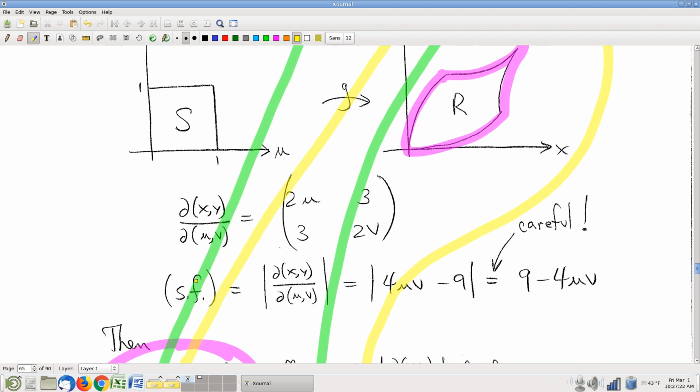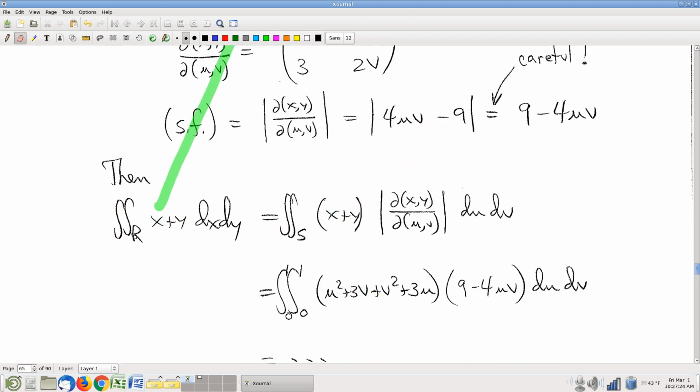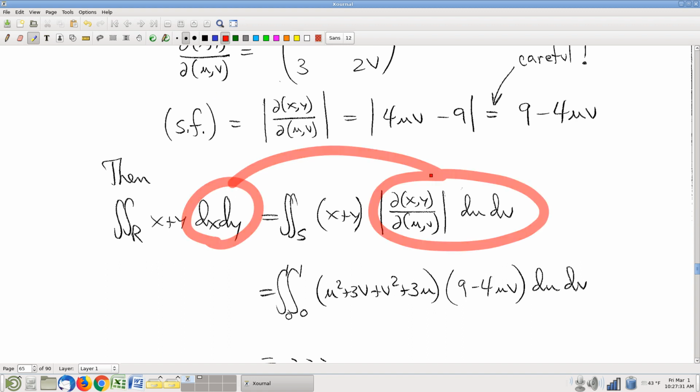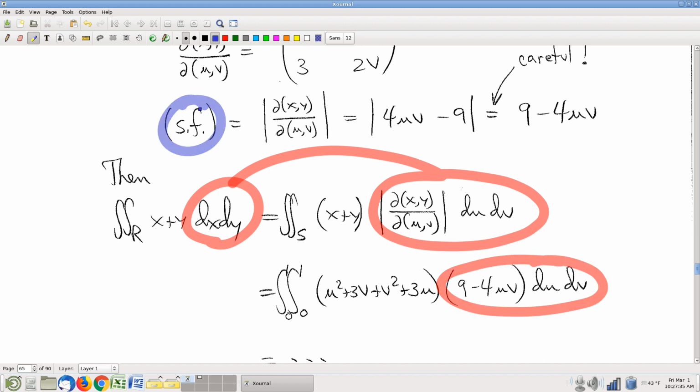Okay. What about our dx dy? Well, don't forget dx dy is the stretching factor times du dv, and we computed the stretching factor previously.